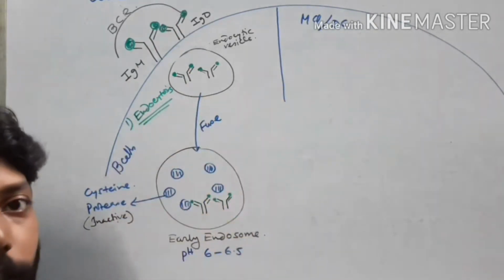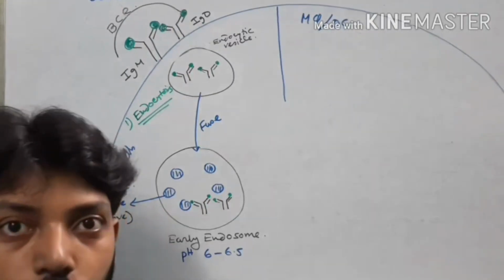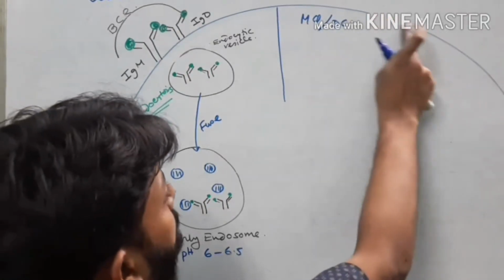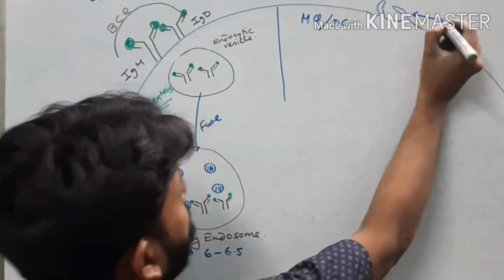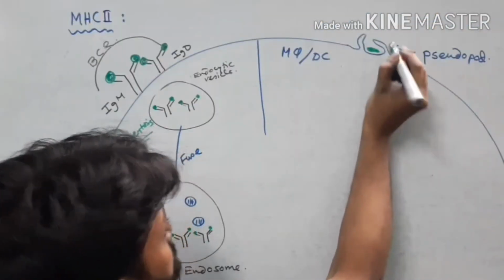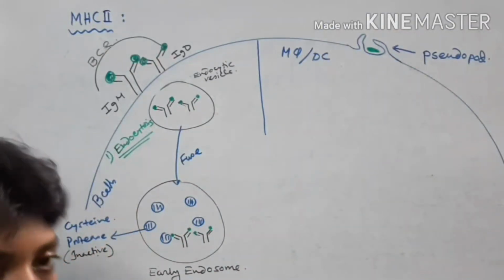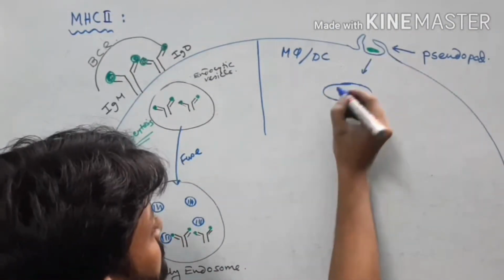In the case of macrophage and dendritic cells, one thing occurs that is called phagocytosis. These macrophage and dendritic cells form a pseudopod-like structure in which pathogens like bacteria are engulfed. When these pseudopods merge with each other, they form a vesicle-like structure.